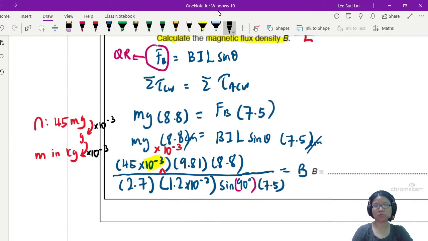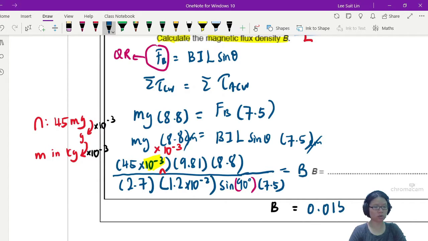So you press your good friend Casio the calculator, and that will give me 0.015986666666. Never mind, so this is 0.01599. I guess you could write it in 2SF, so 0.016 Tesla.